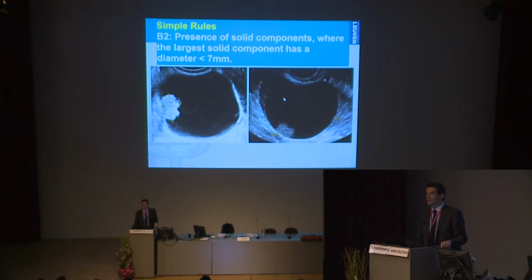The second feature of a benign tumor is the presence of solid components, where the largest solid component has a diameter of less than 7 millimeters. For example, if you have one papilla, and the height here would be 6 millimeters, and this is 9 millimeters, in that case, it's not applicable, because the largest diameter is not the height of the papilla here. The largest diameter is from here to here, that's 9 millimeters.